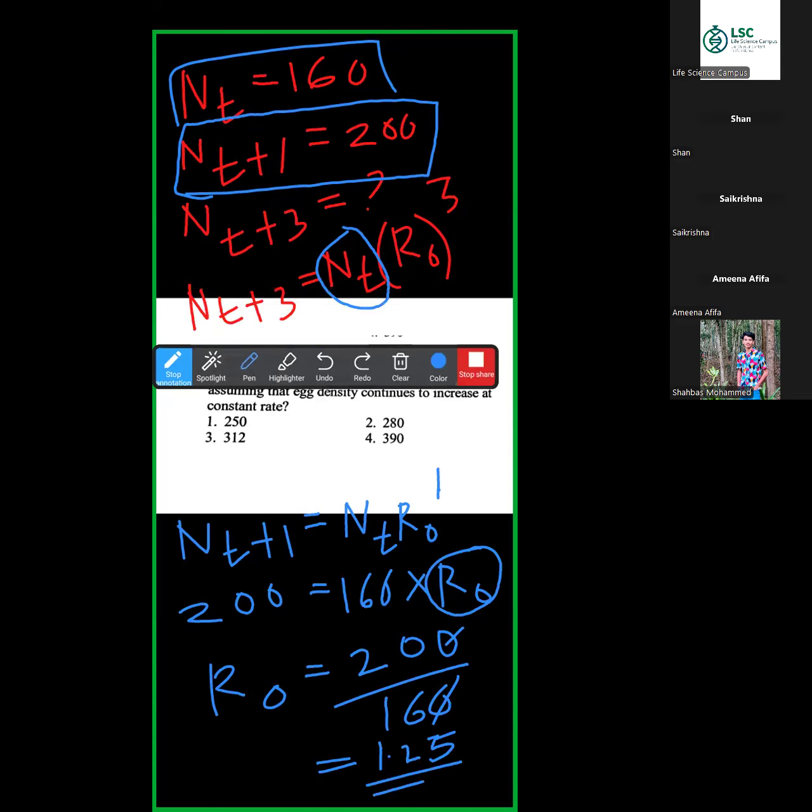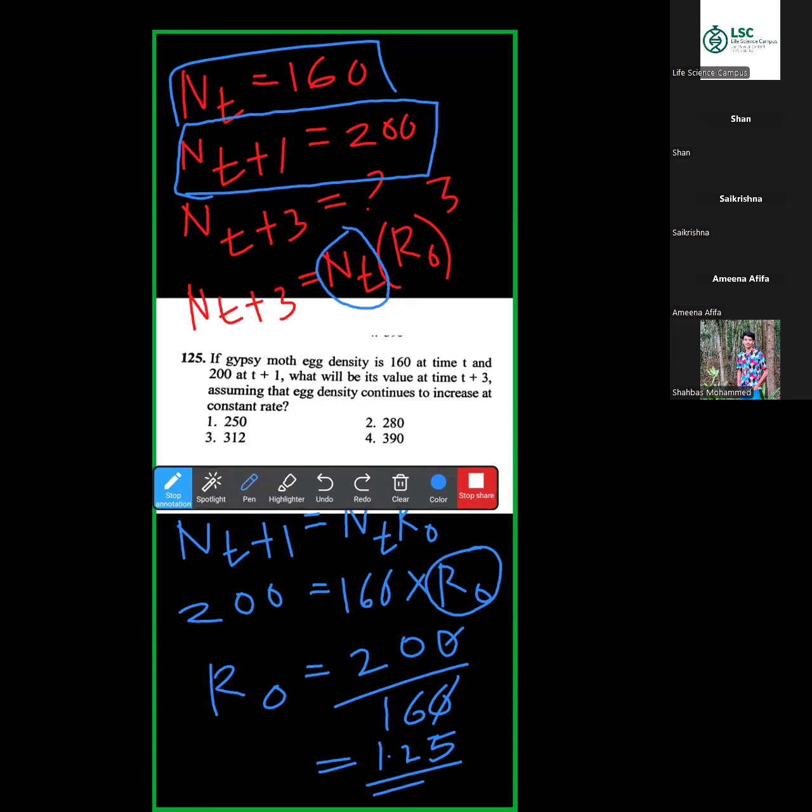So we can easily find out gypsum egg density at time t plus 3. Just substitute the R0 value in this equation.